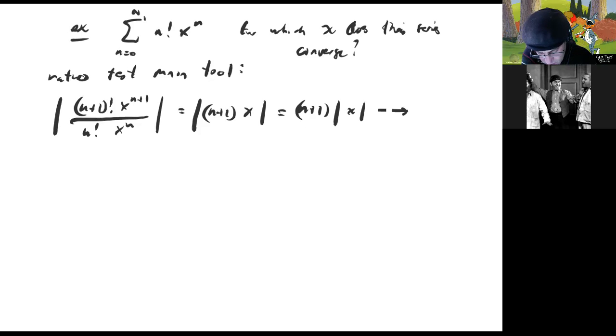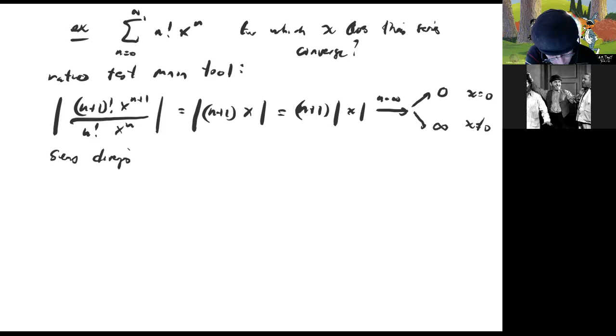As n goes to infinity, two things can happen. You get 0 if x equals 0, right? And if x is not 0, then (n plus 1) times |x|, since x is just a fixed number, is going to go off to infinity. So the series diverges unless x equals 0 in this case.